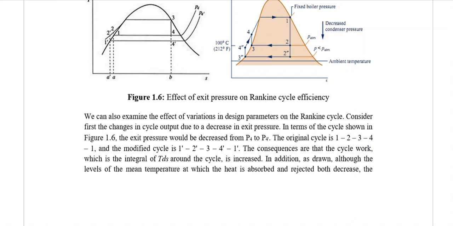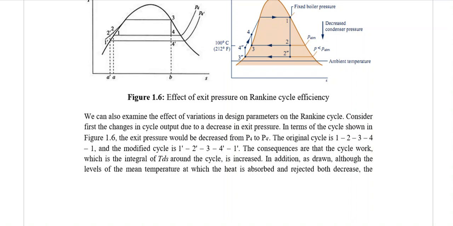Also, if I increase the boiler pressure, I would increase the thermal efficiency. So how much would the condenser pressure be reduced? In an ideal case, normally the condenser is kept at atmospheric condition, or 1 atm.